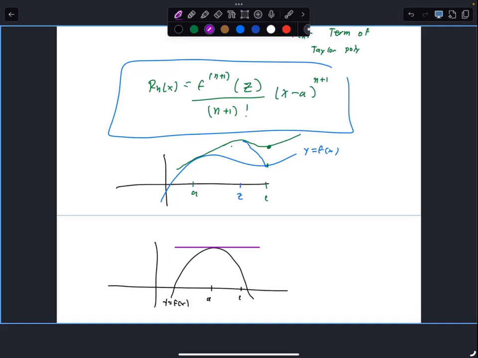We can see that this is going to be off by quite a bit, right? And so the question is, what is the worst that this could be off by?